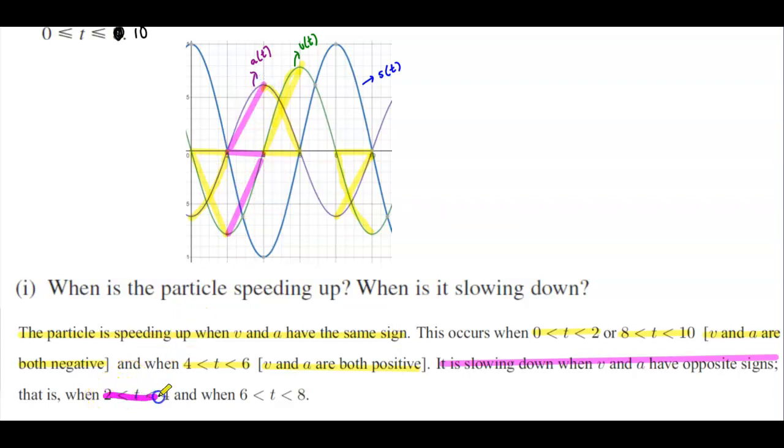And then also between 6 and 8, we can see that the velocity function is positive, whereas the acceleration function is negative, and therefore it is slowing down between 6 and 8.